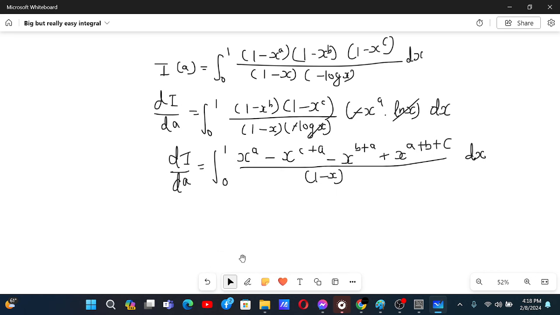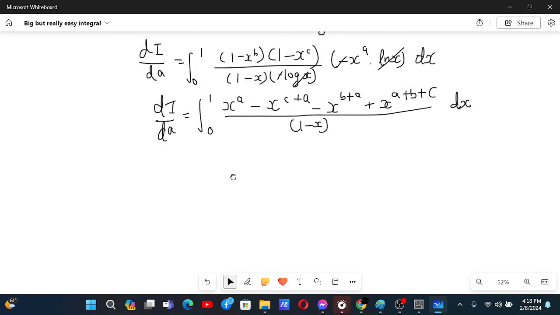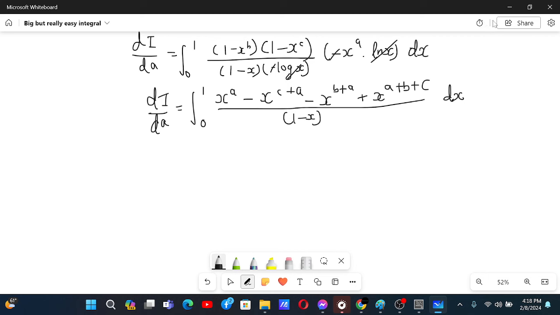After this we can easily use the integral that I said earlier, the integral of (1 minus x to the power n) by (1 minus x) dx from 0 to 1. We know that this is just the nth harmonic number, so this also equals the Euler-Mascheroni constant plus digamma of n plus 1.